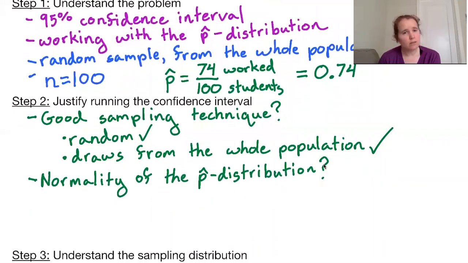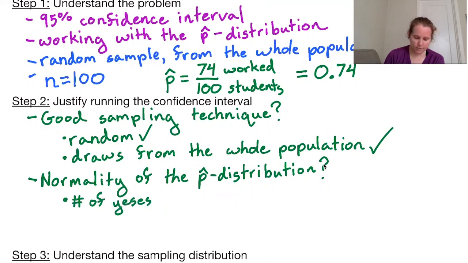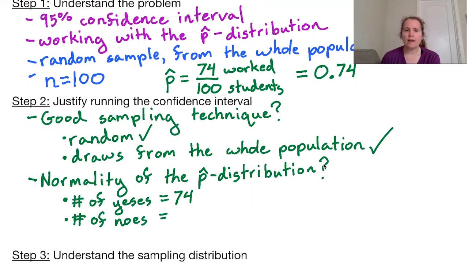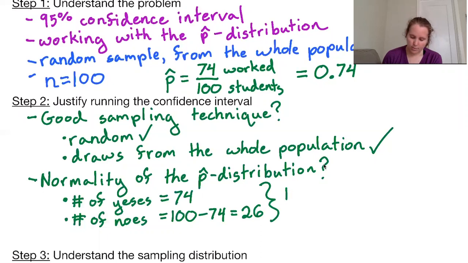But we can also simply check that we have at least 10 yeses and 10 nos. The number of yeses: we had 74. The number of nos: 100 minus 74, or the remaining 26 students. So these are both 10 or more.